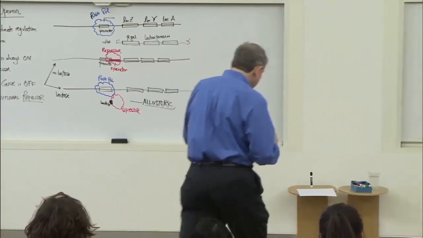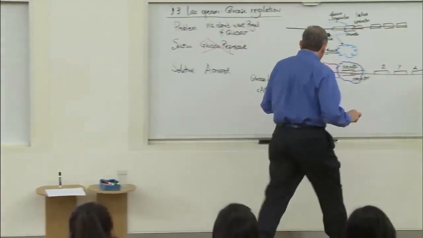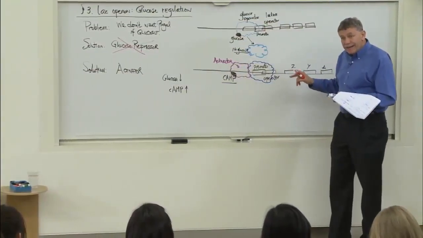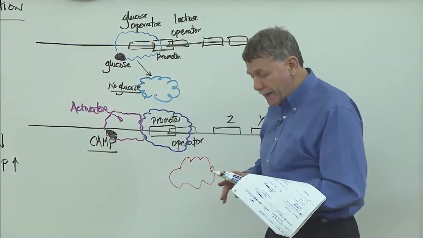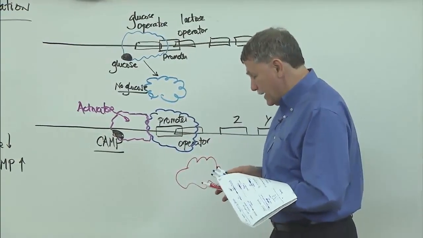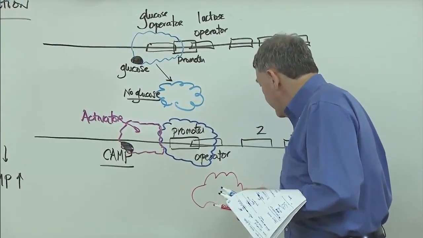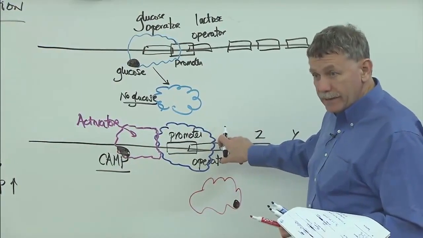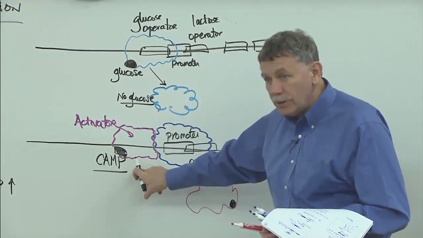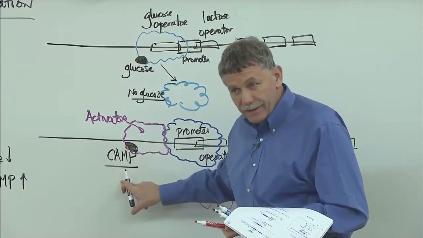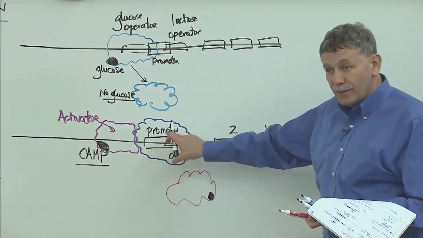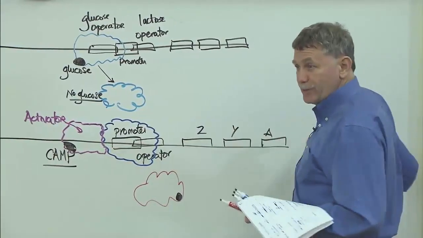We have just written the statement: if lactose, that means my repressor is not bound because it's got lactose attached to it, so I'm not blocking the operator site, and not glucose, meaning there's a lot of cyclic AMP, then I stabilize my RNA polymerase, it starts off and it starts transcribing.